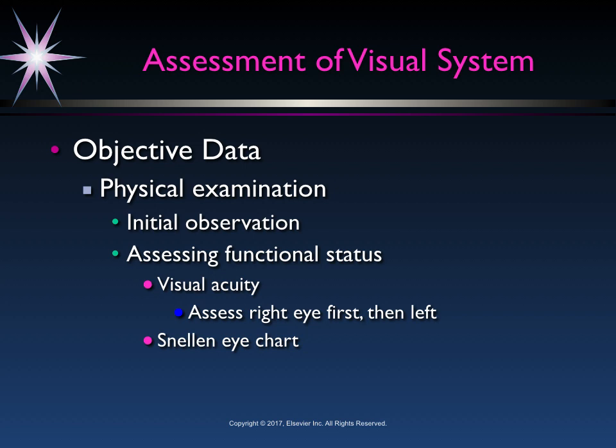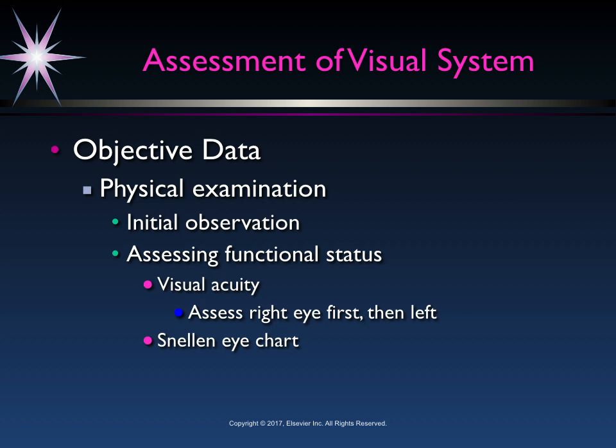Usually we assess the right eye first, and then ask the person to read through the chart to the smallest line of letters possible. And then record the result using the numeric fraction at the end of the last successful line read. You indicate whether any letters were missed and if corrective lenses were worn.